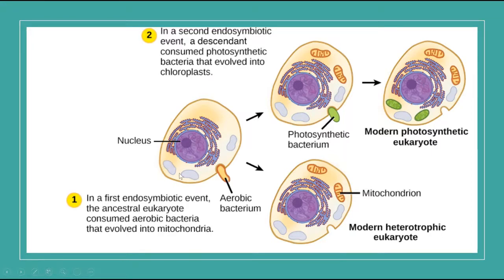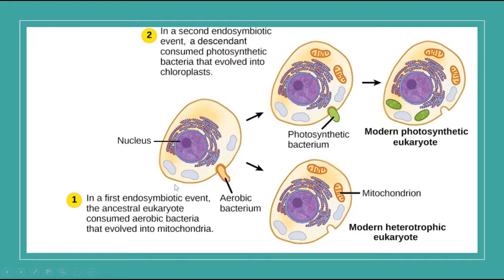It is believed that the ancestral eubacteria, or the true bacteria, were engulfed by the ancestral eukaryotic cell, which is different from the prokaryotes. So previously, whenever the eukaryotic cells were formed, they engulfed a prokaryote.